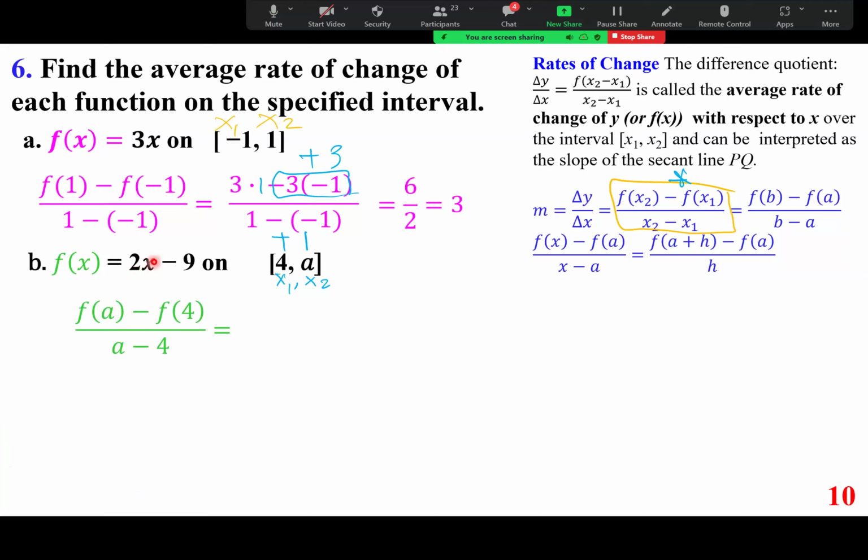If you replace x with a, you get 2a minus 9. If you replace it with 4, you get 2 times 4 minus 9.